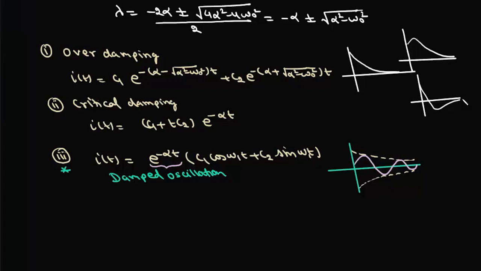Depending on the different values of the constants and alpha and omega, you may have different cases, but in all the cases it is quite clear that there is no oscillation.